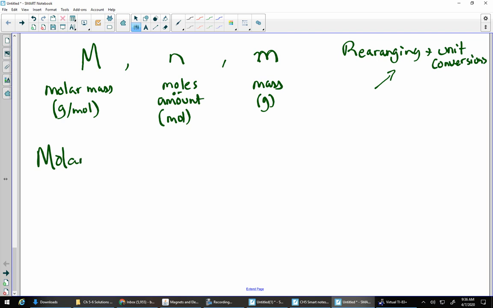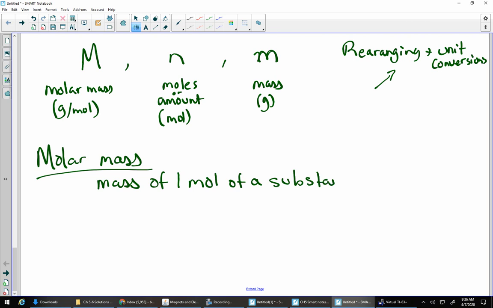So molar mass is the mass of 1 mole of a substance, and that could be 1 mole of any substance. It's just we typically look at chemicals because, well, it's kind of ridiculous to look at anything else.